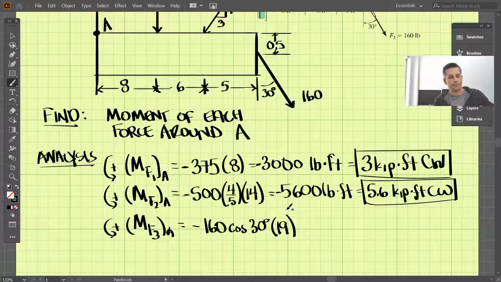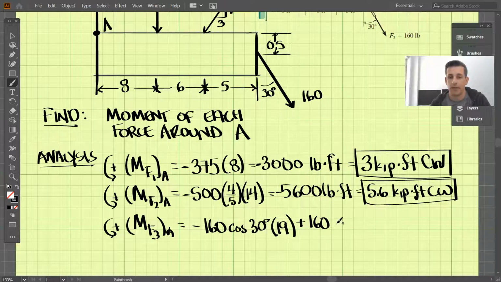Lastly, we need to take into account the horizontal component of this force. The horizontal component is actually going to create a counterclockwise rotation around A, which is then going to be positive, so positive 160.